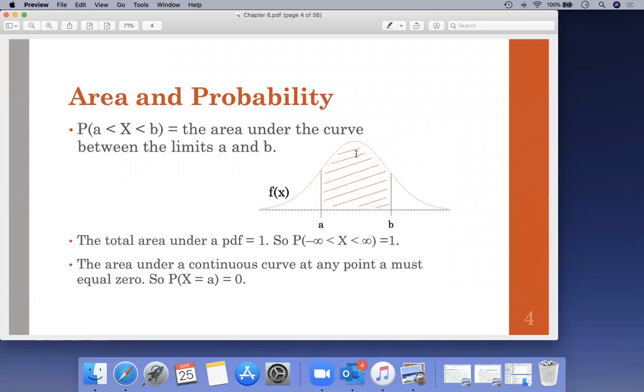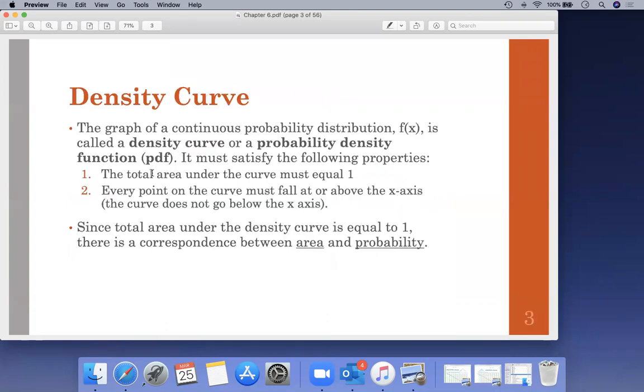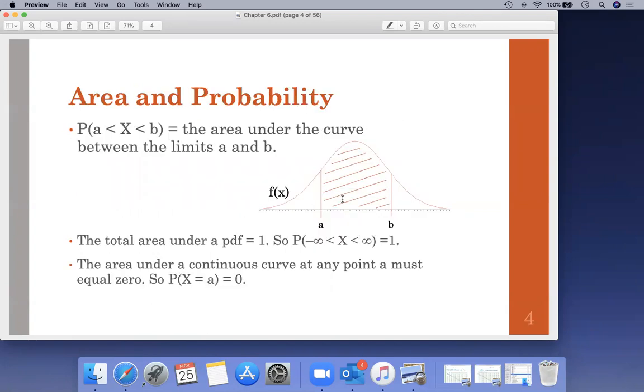So the first requirement is, the total area under the curve, that means this red curve, should be 1. Then the second requirement is, every point on the curve must fall at or above the x-axis. So this graph should be at or above the x-axis. It cannot be below the x-axis. So that is your second requirement.